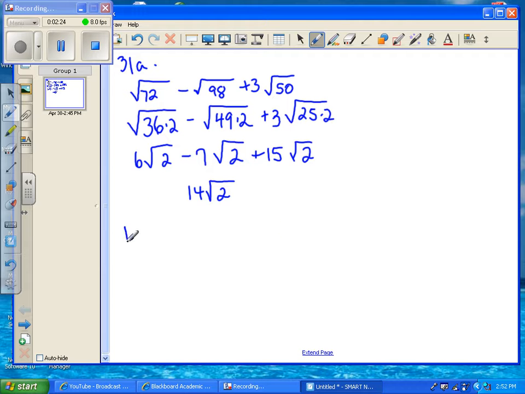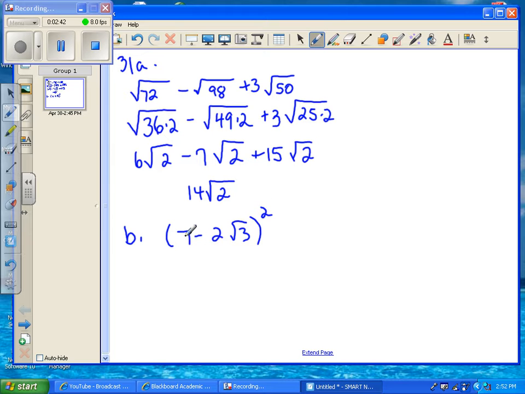Let's move on to B. B says 7 minus 2 times the square root of 3, and that quantity squared. If you remember the rule for squaring a difference, you can use the rule.